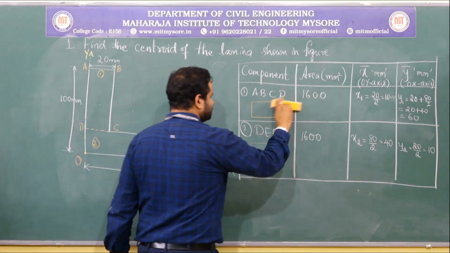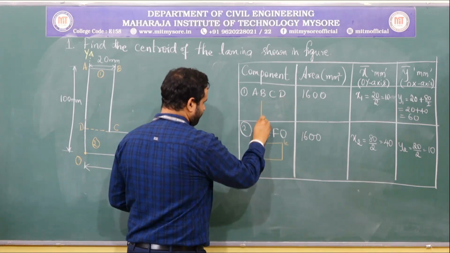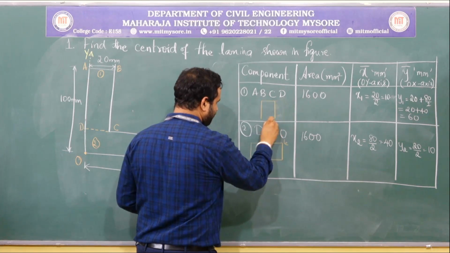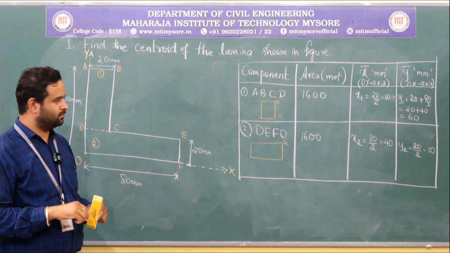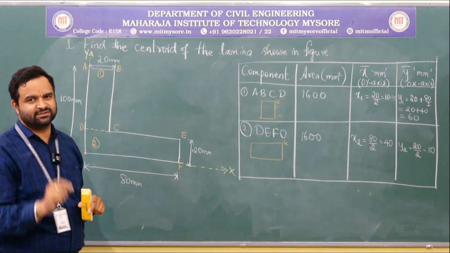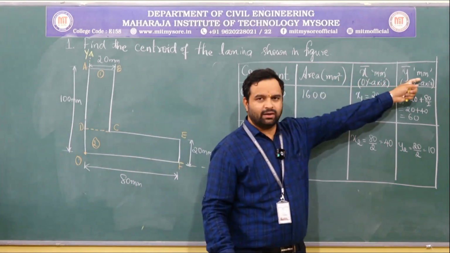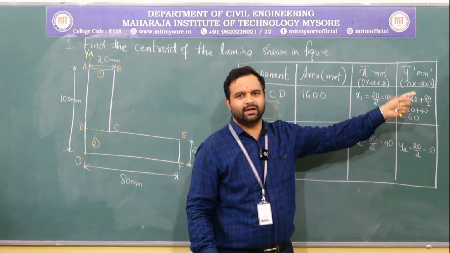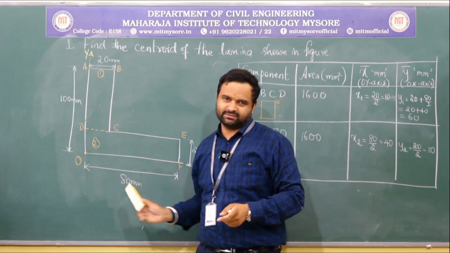So to be precise, you can even draw the exact shape, a rectangle, correct? You are left only with the calculations of actual x bar and y bar. These x bar and y bar are the values calculated with respect to the referral axis for different components.